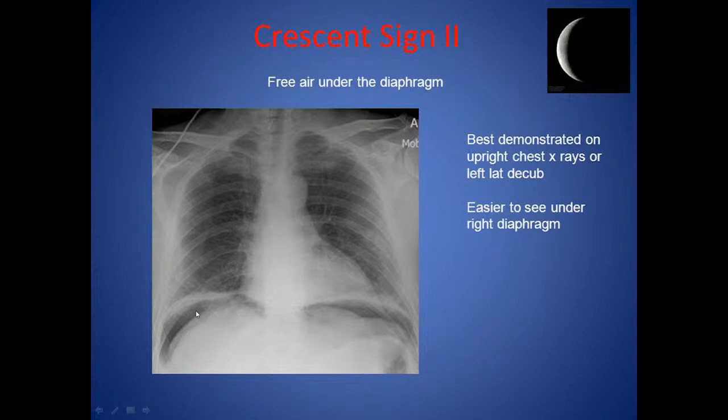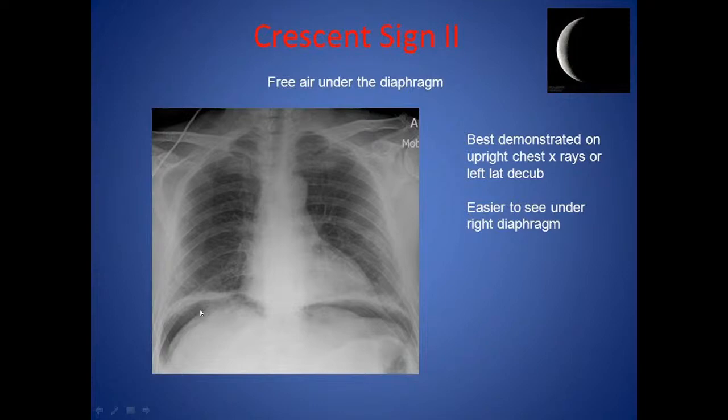Now you can see this space, like a moon, a crescent. These symptoms are called crescent signs.